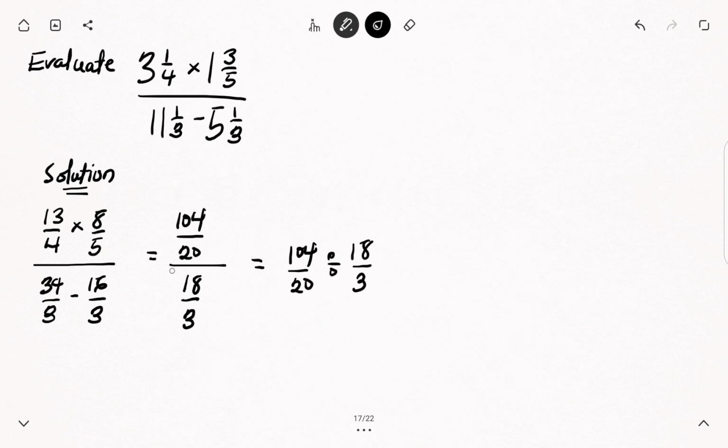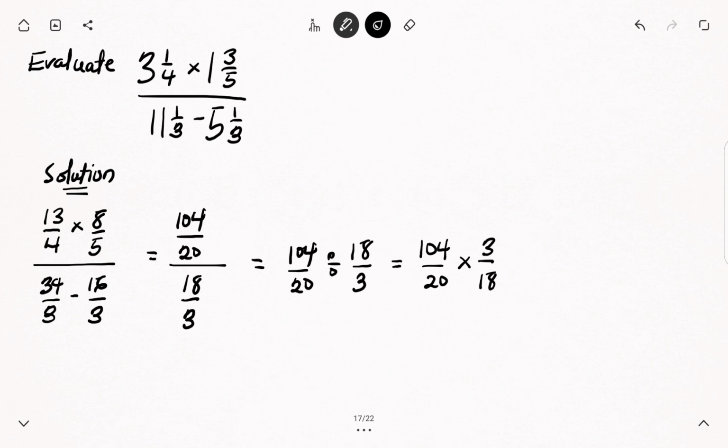So I just made this division sign the normal division that we know. So from here, I can now maintain my 104 on 20. I change the division sign to multiplication and I reciprocate these values over here. It becomes 3 on 18. So from here, all I need to do is to do some cancellations.